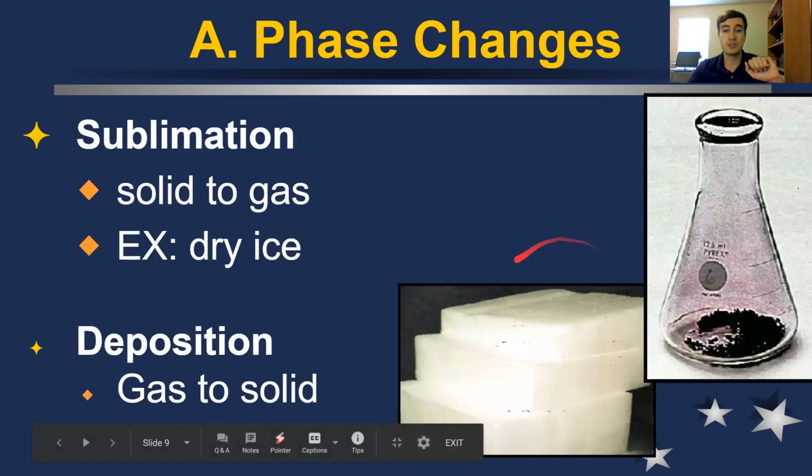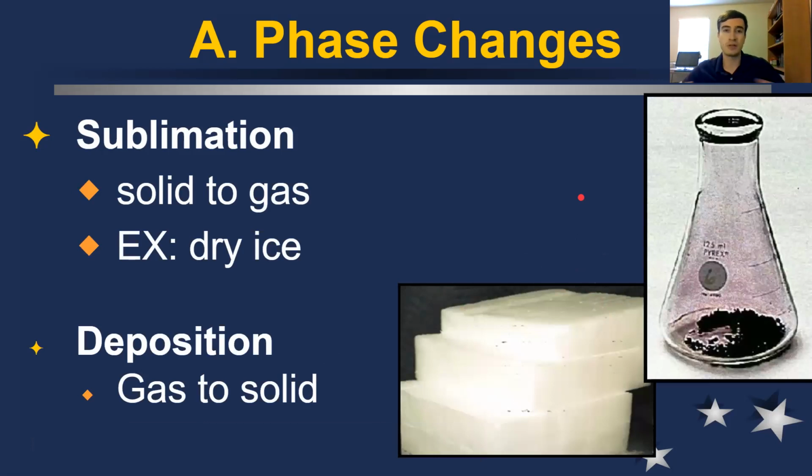So if you've ever seen dry ice at a party before, where somebody opens a cooler and all of this kind of foggy smoke starts coming out, that is sublimation. So the ice is not water, it's actually frozen carbon dioxide gas, which means it's super, super, super cold, like negative 200 something degrees Fahrenheit.